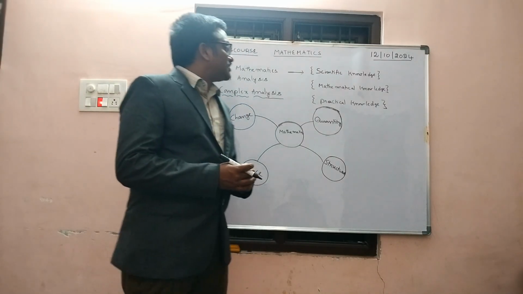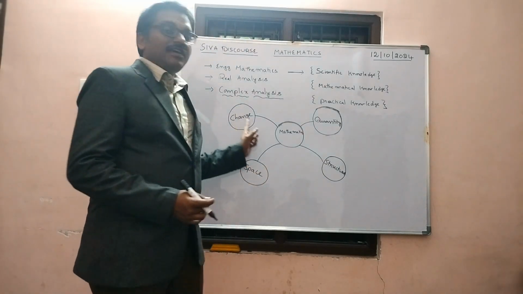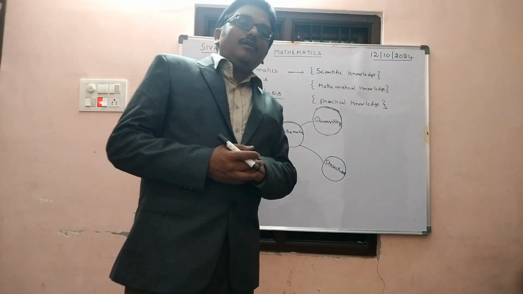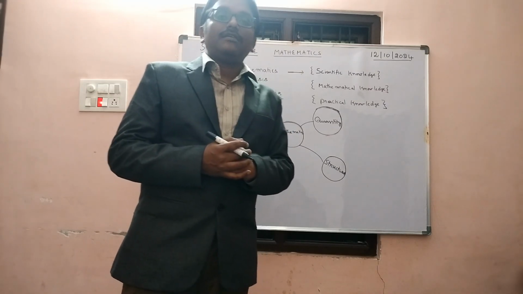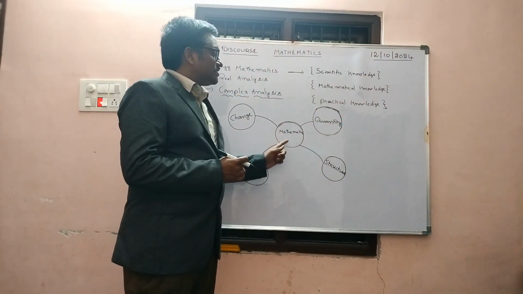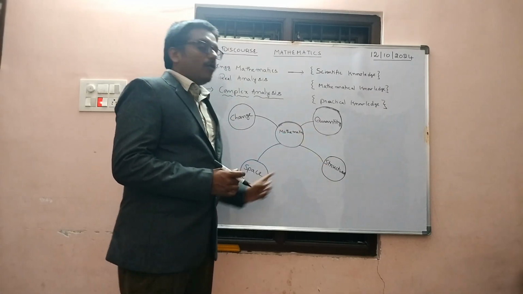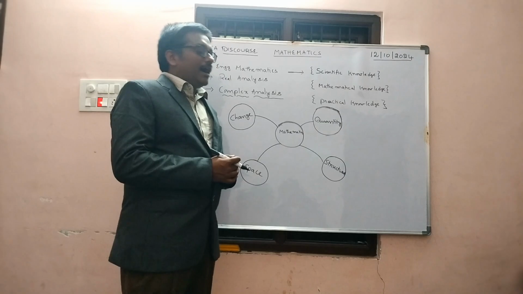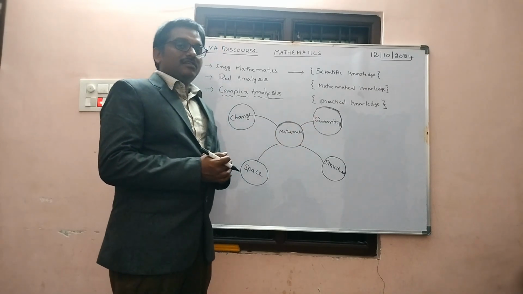So mathematics is a subject that deals with quantity, structure, space and change. From childhood onwards, everybody studies mathematics. But in order to understand mathematics and the subjects in mathematics, we have to know all these four words. And all these four words are associated with different subjects.